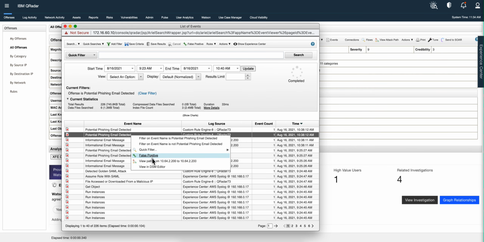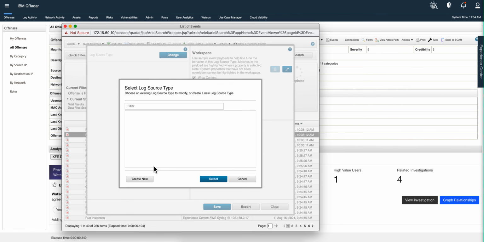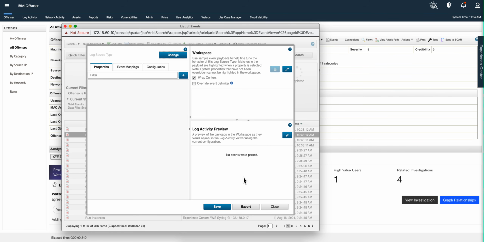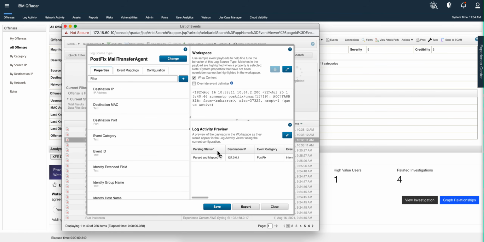And there is a component in QRadar to manage the parsing of those. Normally you don't have to deal with that. Actually, I selected the wrong one. The tool is called DSM Editor, in which, if you need to, you can modify or extract. We can see the properties are extracted in here.